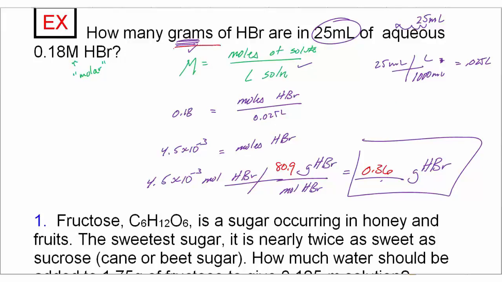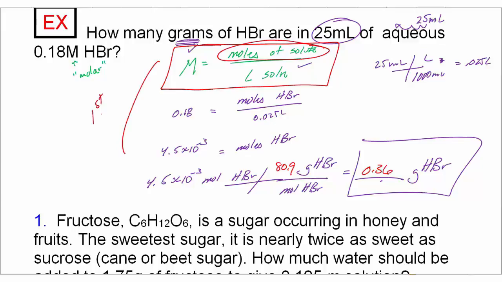All we did is we set up the big M expression, we solved for moles of solute, and then we converted to grams. So we first found the moles of HBr, and then here we converted to grams. So we'll do that first, do that second. So that's a two-step problem.